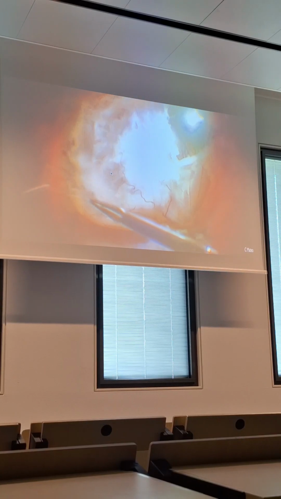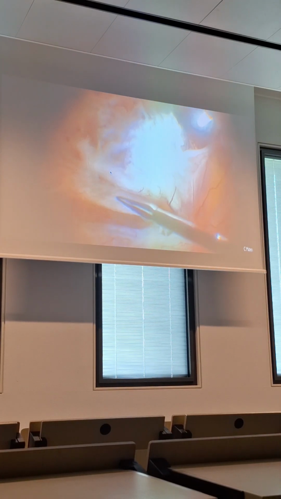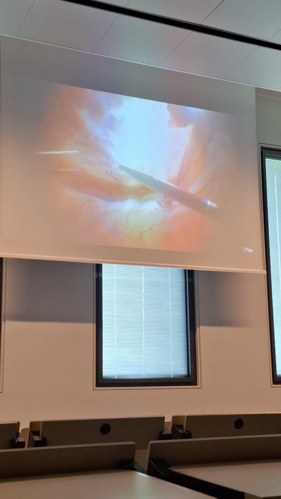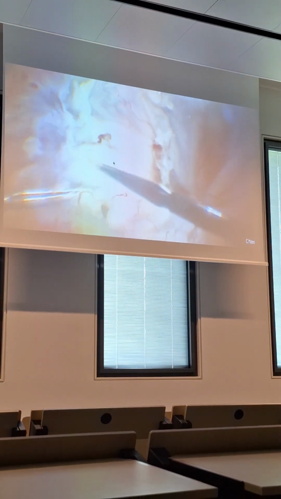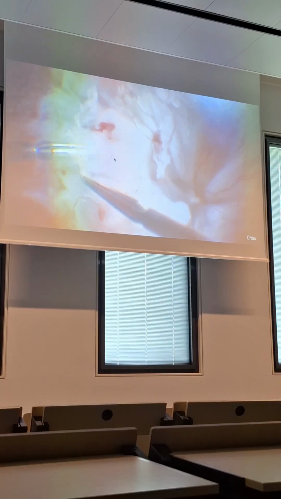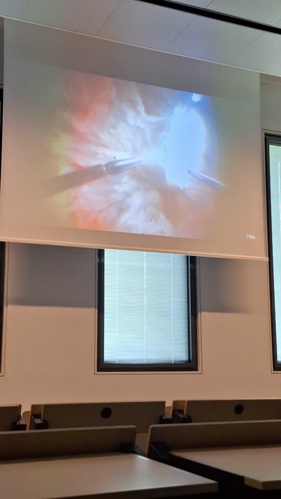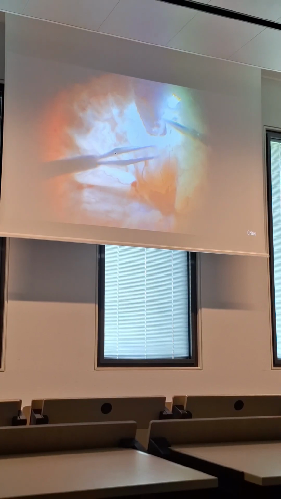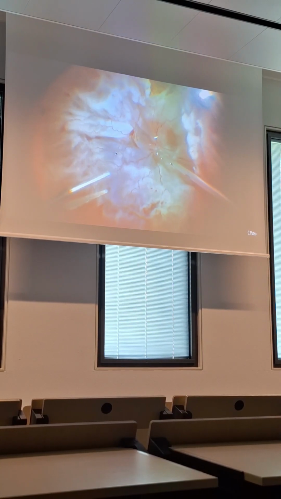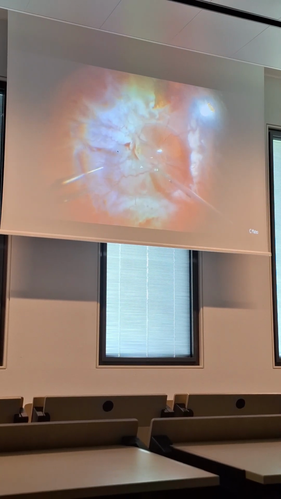Then the thing you have to do is try to localize and recognize the blood vessels, because everything is white and it's difficult to do. But when you remove all of these anterior membranes, the retina becomes more relaxed. And then you can use perfluorocarbon. This maneuver uses 2 forceps.